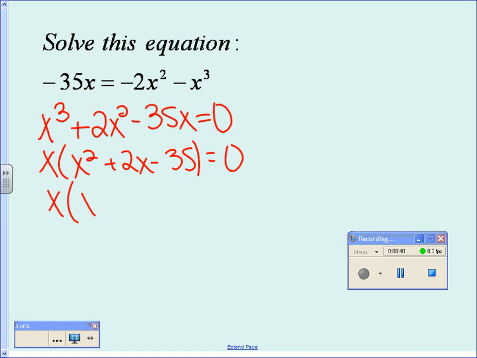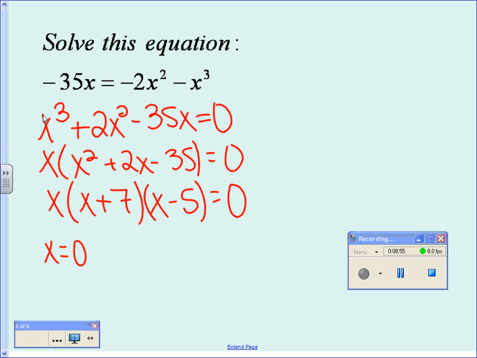Okay. This one is a little bit different. Where does the third one come from? This is a factor. Because if it's 0, 0 times whatever that is times whatever that is equals 0. Does that make sense? X equals negative 7 and x equals 5. Those are your 3 answers.